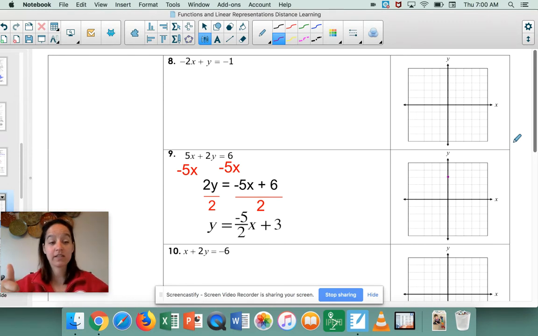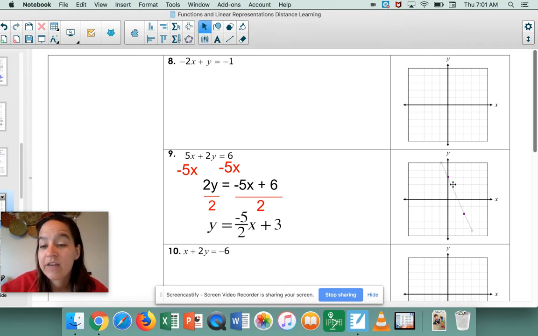Is that a positive slope or a negative slope? And you should say negative, which means my line should look like this. So I know I'm going to go down 5, 3, 4, 5 over 2. And I could go down 5 and over 2 or up 5 and over 2, but I don't have enough room. So then I go ahead and I've got my graph.